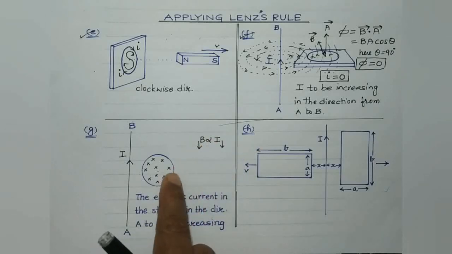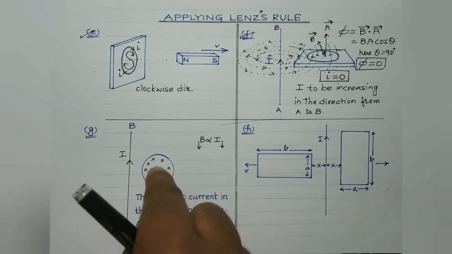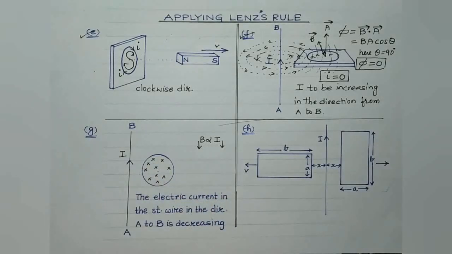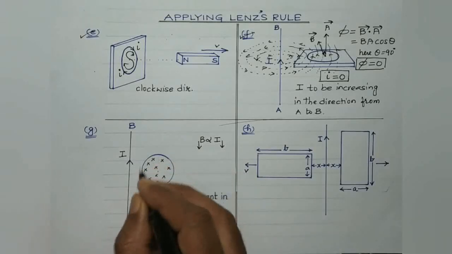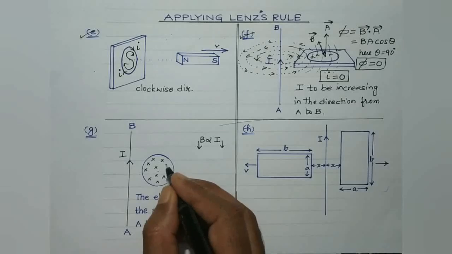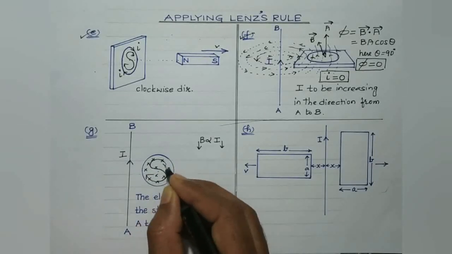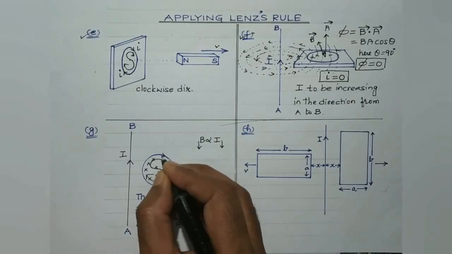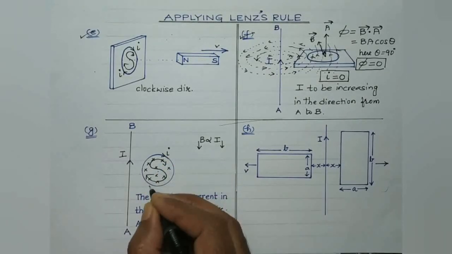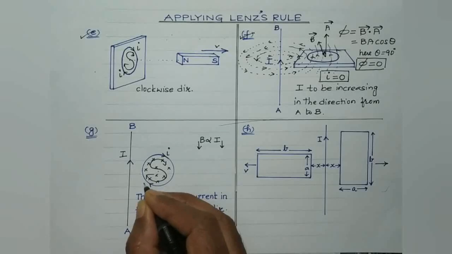So the direction of induced current in this coil will be such that it opposes the decreasing magnetic field in the inward direction, and it can oppose it only if this face of the loop behaves as south polarity. As a result, the induced current must flow through this coil in the clockwise direction.